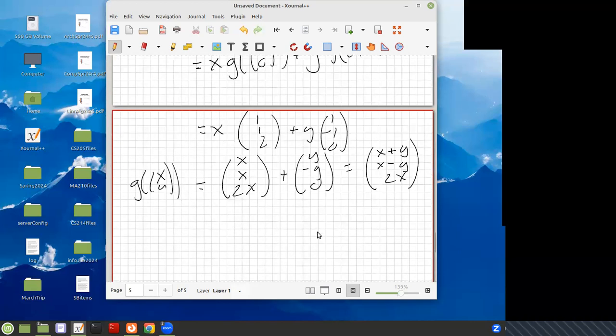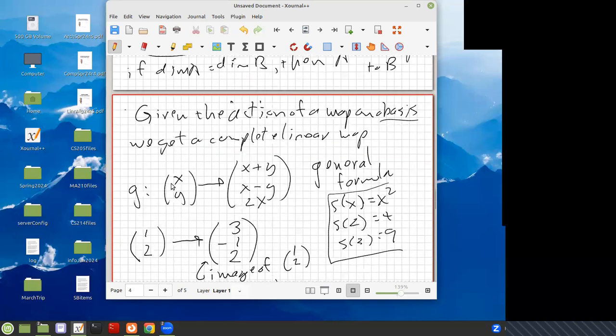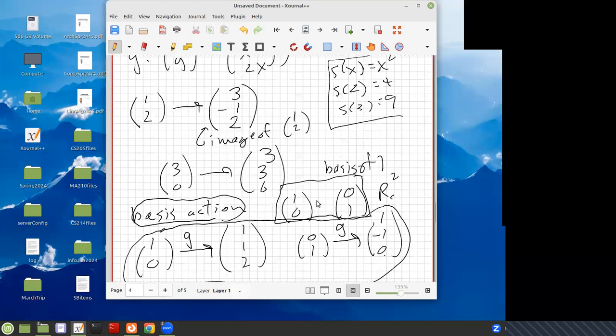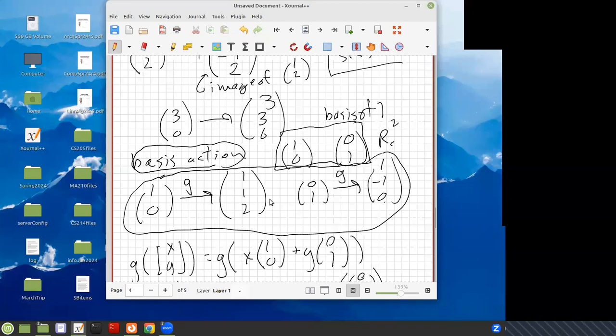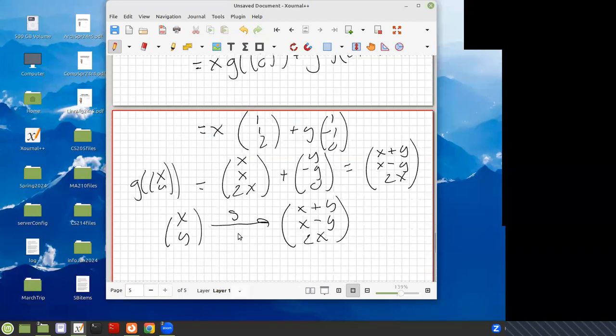So the general formula is (x, y) gets mapped by G to (x plus y, x minus y, 2x). One point is you can start from the general formula and find the basis action, or the other way around, given a basis action, find the formula.